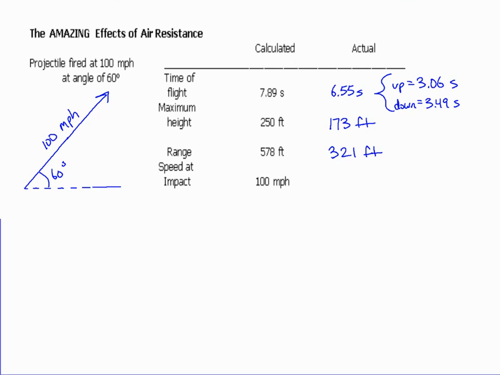But when you include air resistance and you see that it takes longer to get down than to go up, it's not going as high as we thought, it's not going as far as we thought, the speed at impact is 65 miles per hour. And this all has to do with air resistance. The air is constantly pushing against this projectile and slowing it down. It is resisting its motion.